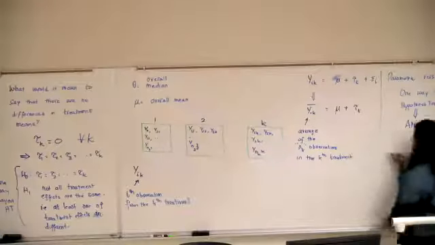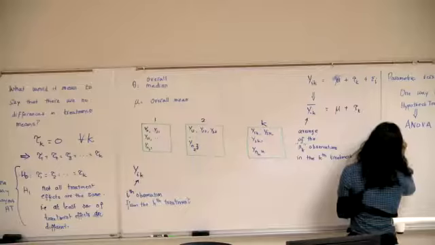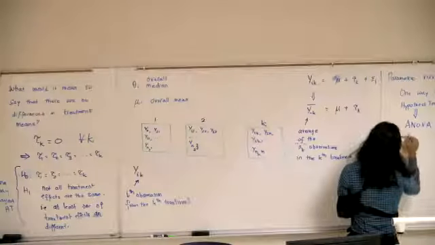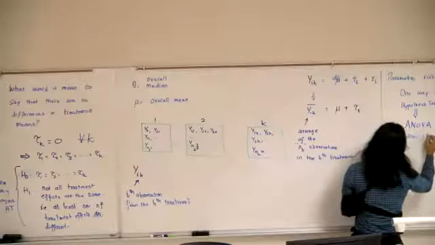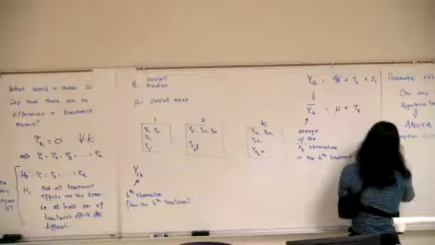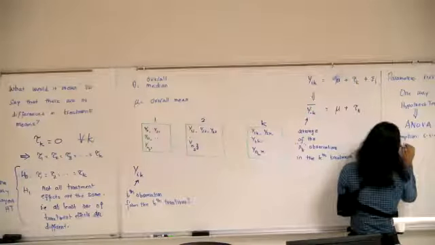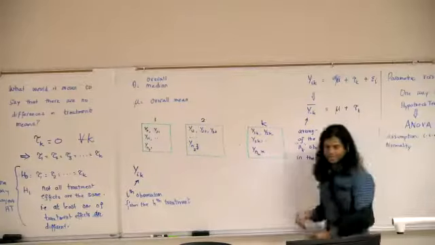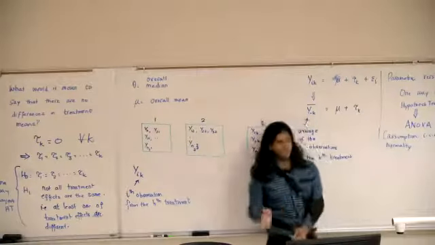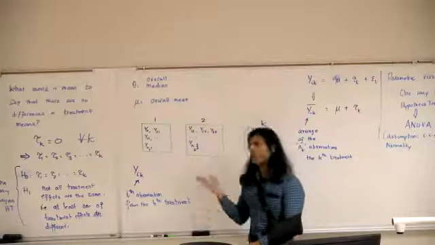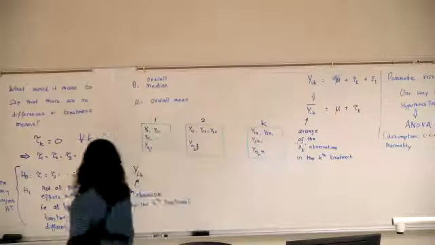And the assumption here: IID stands for independent and identically distributed, normality, bell curve.